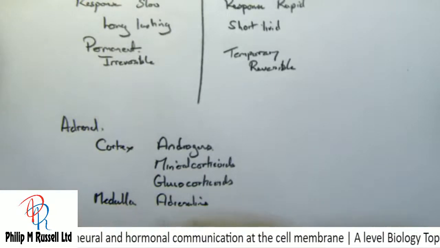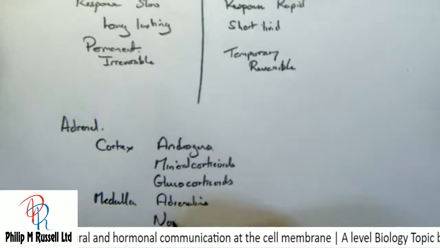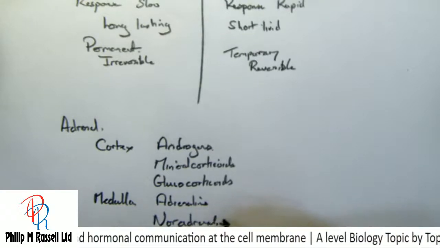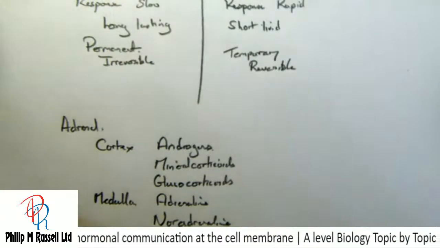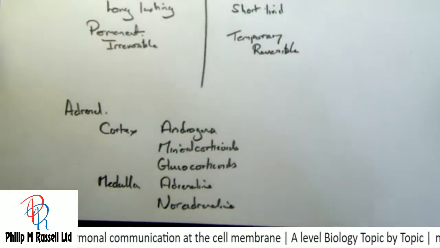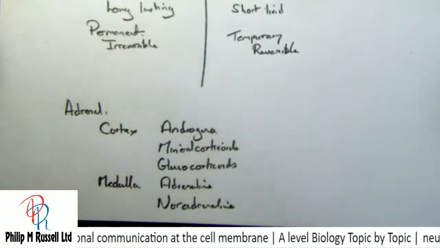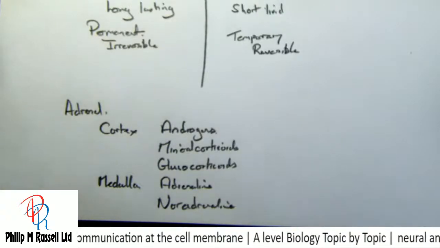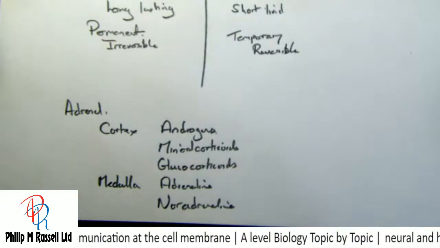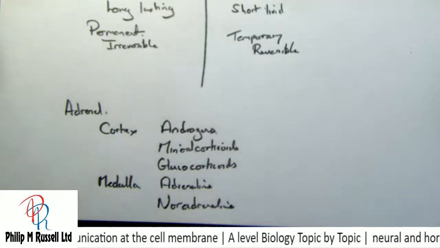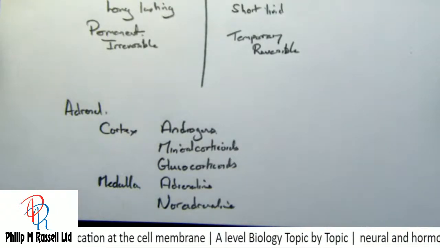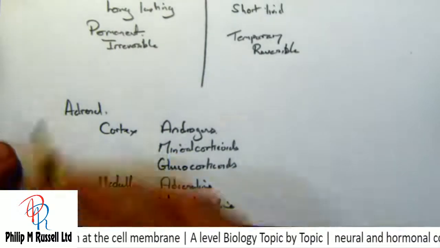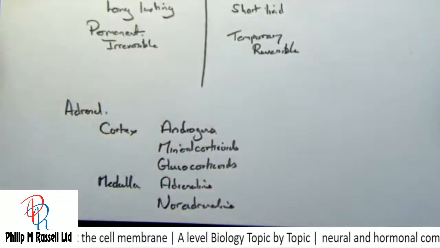And we also get noradrenaline, working with adrenaline in response to stress. It increases the heart rate, widens the pupils, widens the air passages to the lungs, and narrows the blood vessels to the non-essential organs. So these sorts of hormones control all sorts of things.